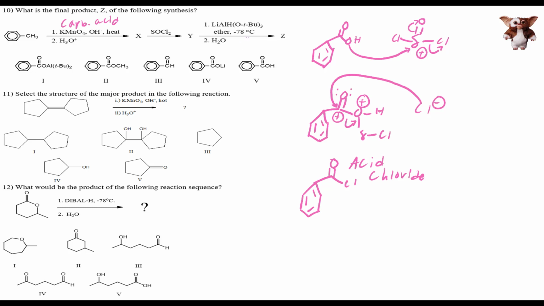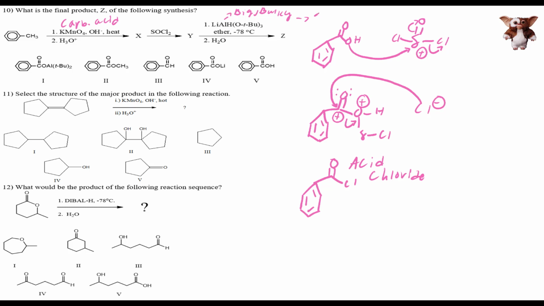We will now be using lithium aluminum hydride tri-tert-butoxide. Okay, so there are 3 tert-butoxides on this lithium aluminum hydride. And what do you know about that? Well, this one is so big and bulky that it will allow us to isolate the aldehyde intermediate.